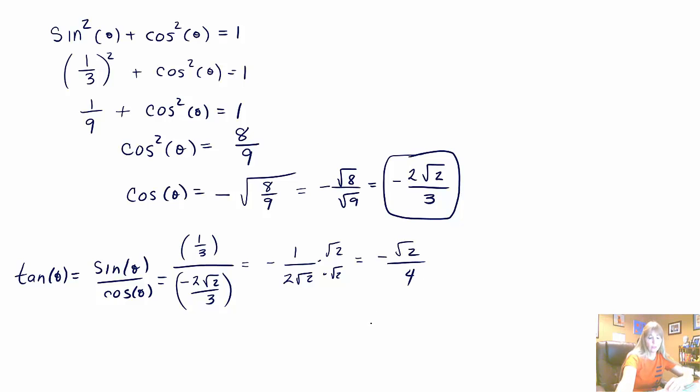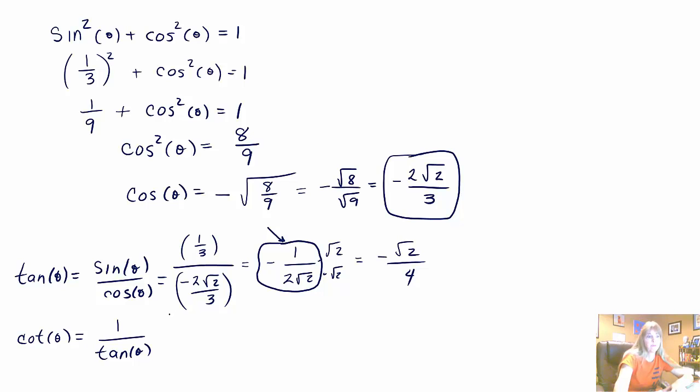And I could continue doing these. I could say cotangent is actually, I could either say cosine over sine, or I could simply say 1 over the tangent. So in other words, just flipping it. I probably would look at this step right here, because that would be very easy to flip. And I get that for cotangent.